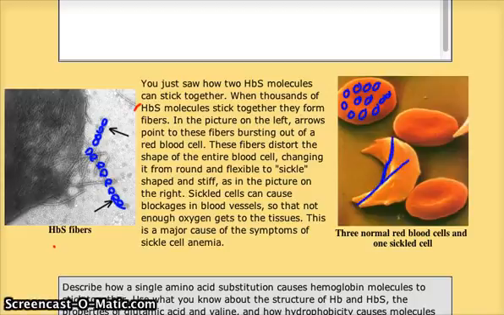There's one there, there's one there, one there, and that causes the cell, instead of it being flexible and going around, to be rigid and stiff and form this sickle shape. Alright, so it's all caused by that valine causing those hydrophobic pockets of hemoglobin to stick together. Alright, so that's what you need to get out of this section.